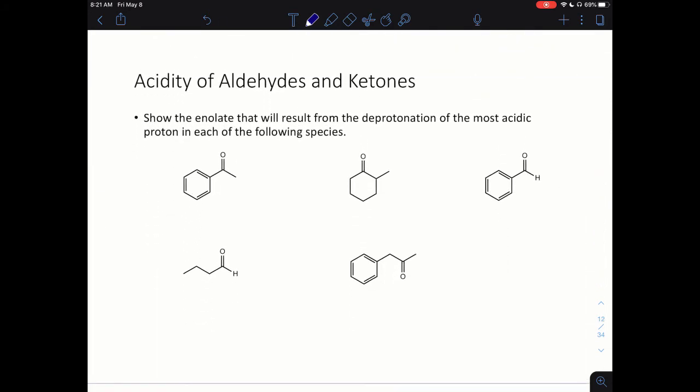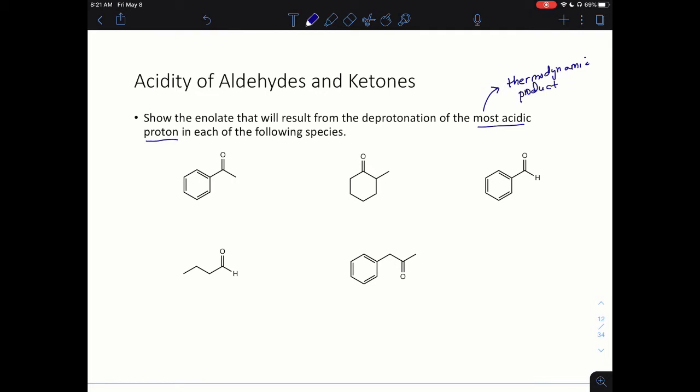Now that we've reviewed that ketones are acidic at their alpha carbons, we're going to show the enolates that will result from deprotonation of the most acidic proton in each of the following species. So the most acidic proton is going to lead to the thermodynamic product in this case.